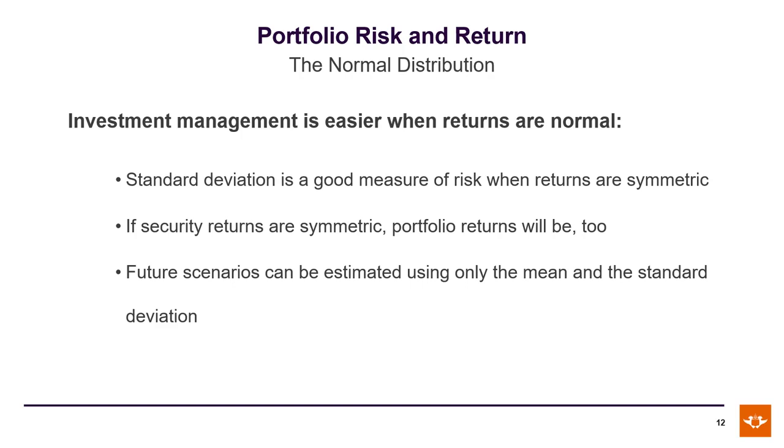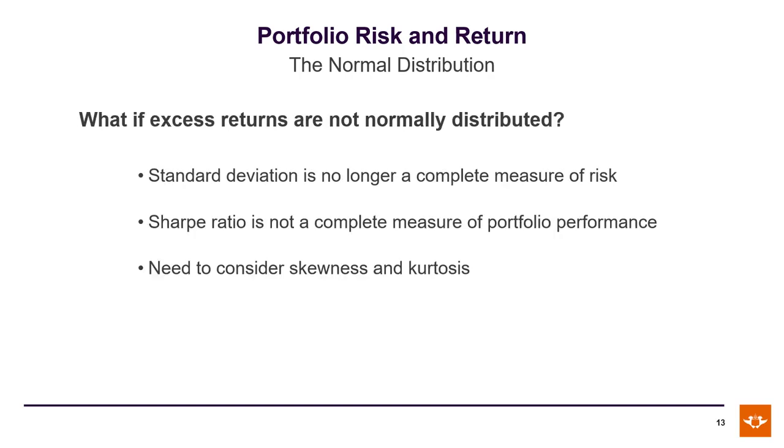But unfortunately, this is not always the case. Investment returns are often not normally distributed. For us, this makes things difficult because the standard deviation, which is a fairly easily understood measure for risk, is no longer a complete measure of risk. The Sharpe ratio, which relies on standard deviation as the measure of risk, is no longer a complete measure of portfolio performance.